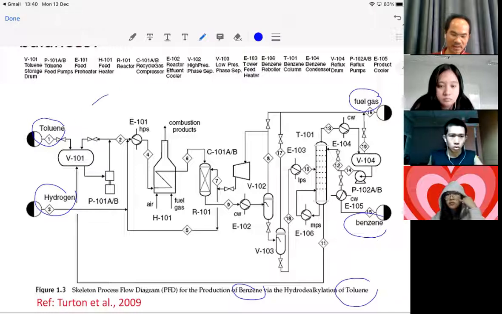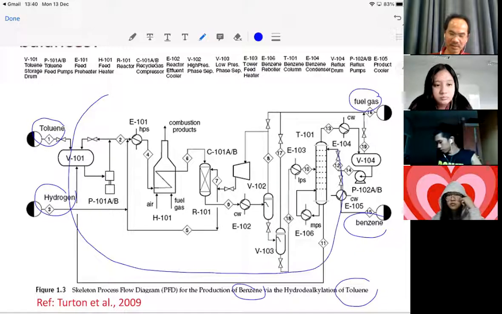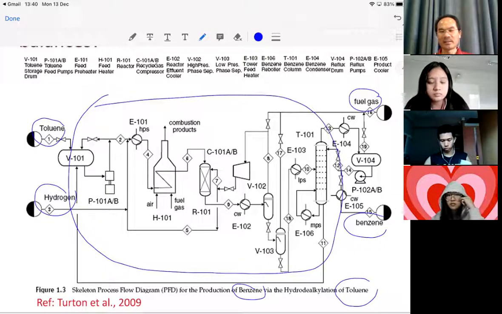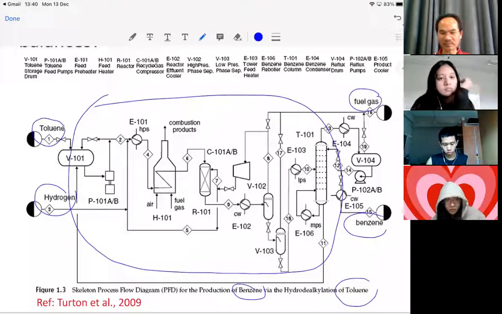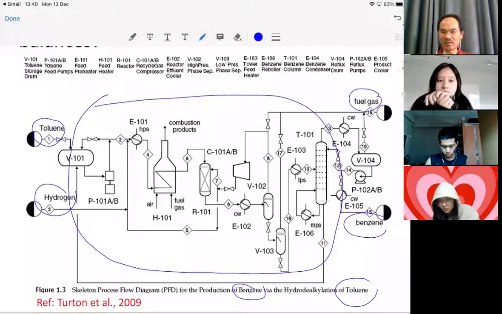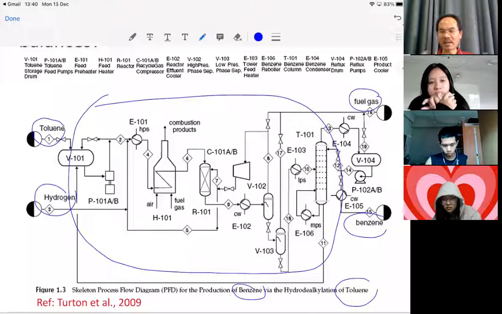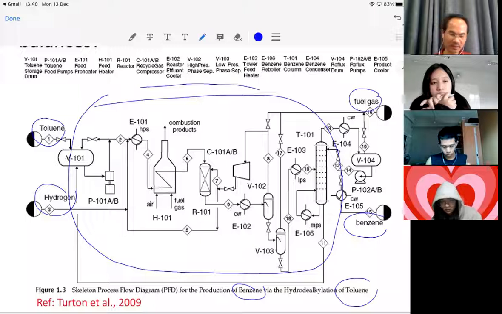And also in the process, there is generation and consumption: toluene consumption, hydrogen consumption, and also benzene generation, flue gas generation. And also a lot of energy is incorporated in the system. That's why we would like to talk about mass balance and energy balance for this process.